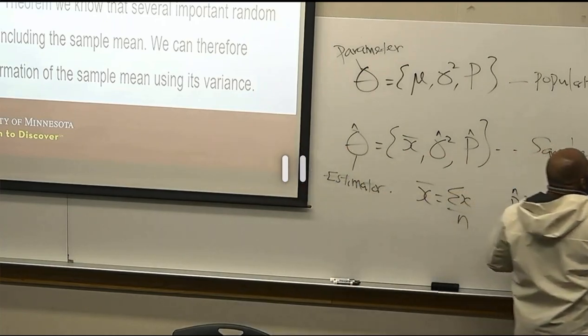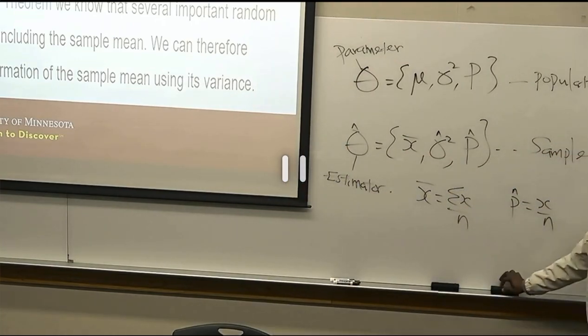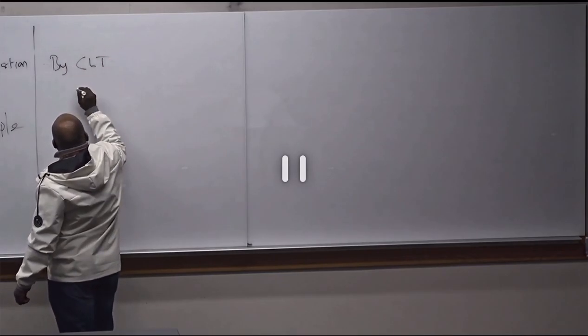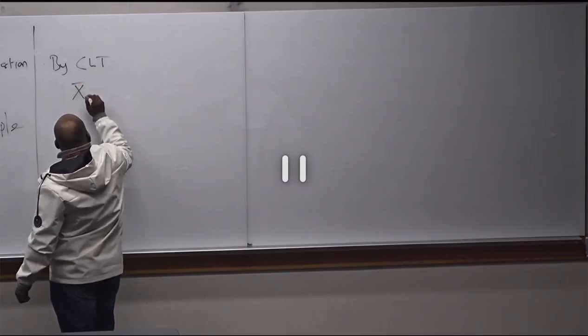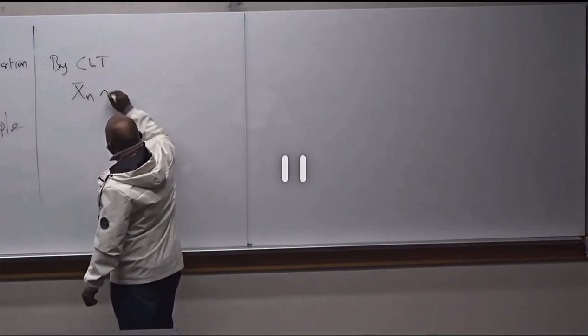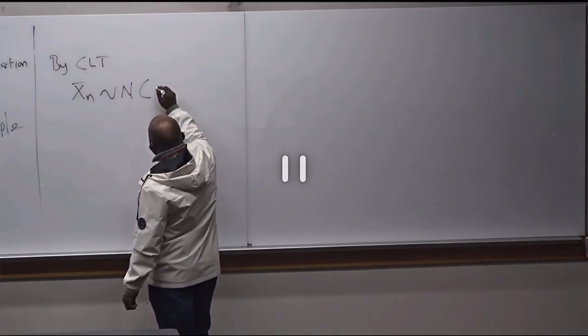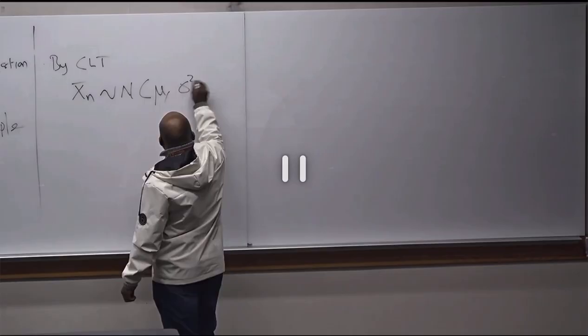By central limit theorem, we are told that the sample mean follows a normal distribution, with the mean of this and the variance of that.